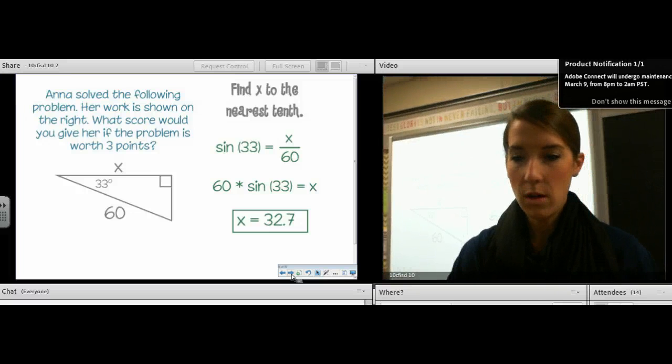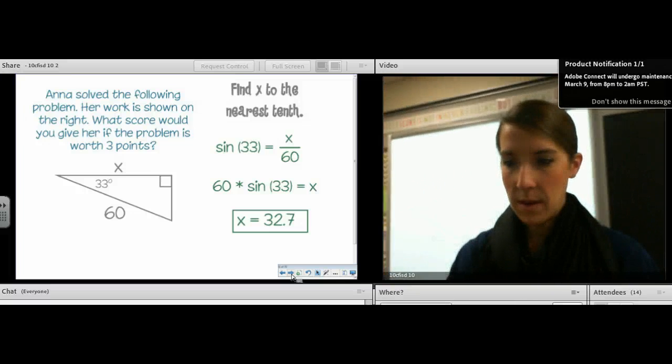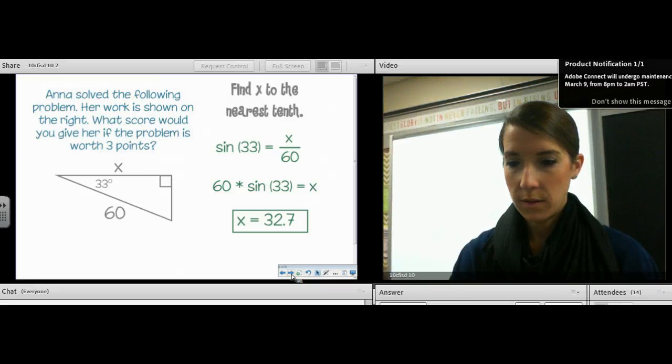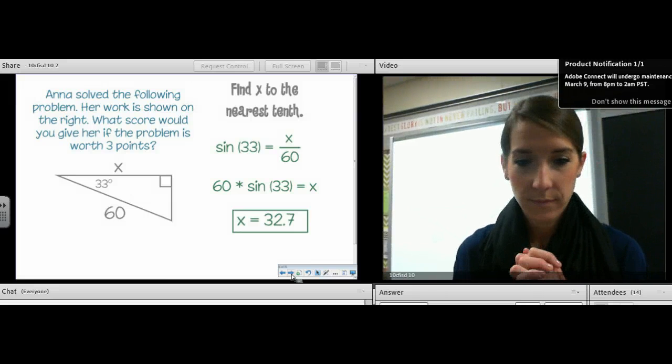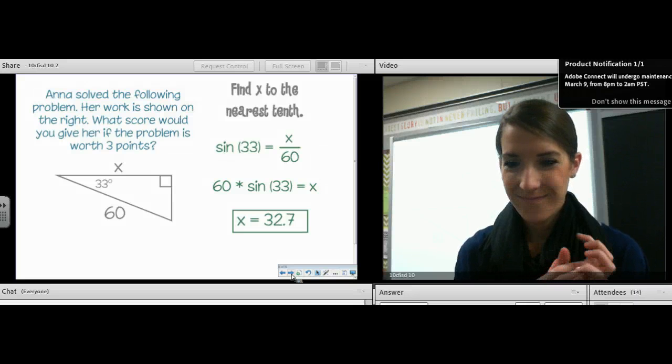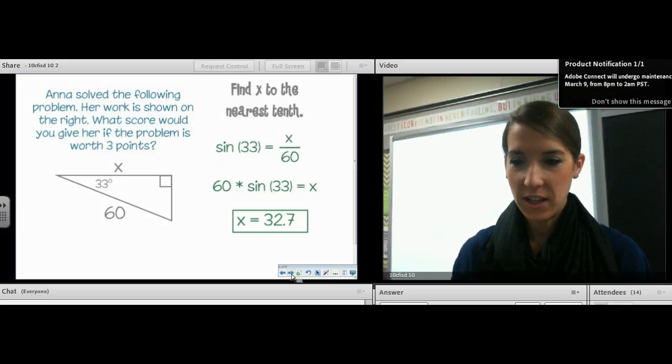So in the poll, go ahead and tell me how many points you would give her. 0 through 3 points. Yeji's answered.